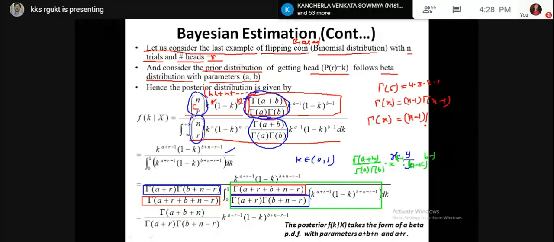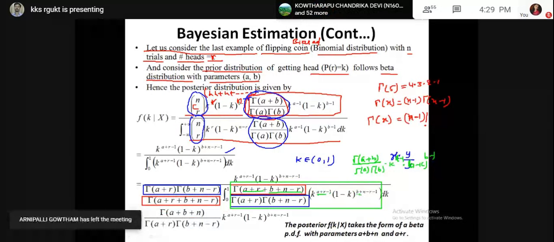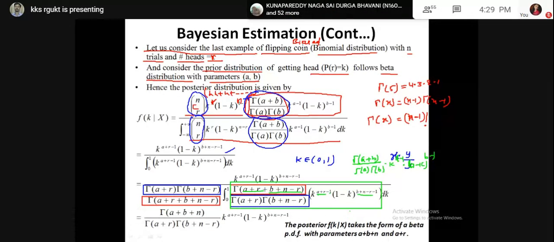Now let us say in place of a, it is a plus r, and in place of b, it is b plus n minus r. So a plus r minus 1, and b plus n minus r minus 1. So it is a beta distribution with parameters a plus r, comma b plus n minus r.